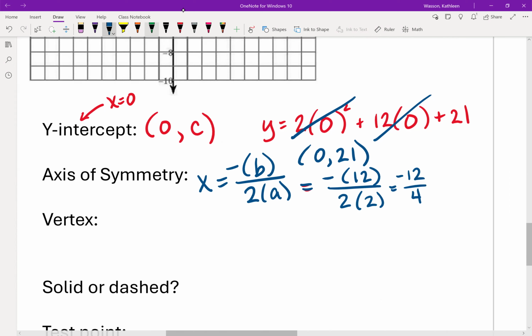The axis of symmetry is an equation of a line. So I'm not just going to write negative 3. I'm going to write x equals negative 3. This is my axis of symmetry. Go ahead and draw that on your graph.